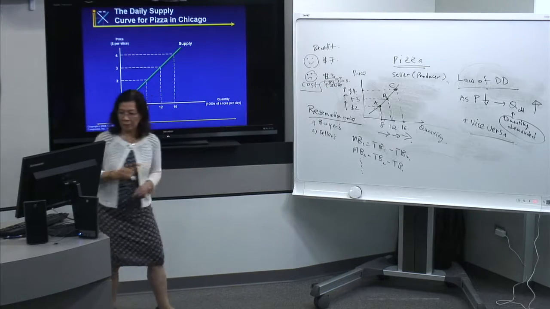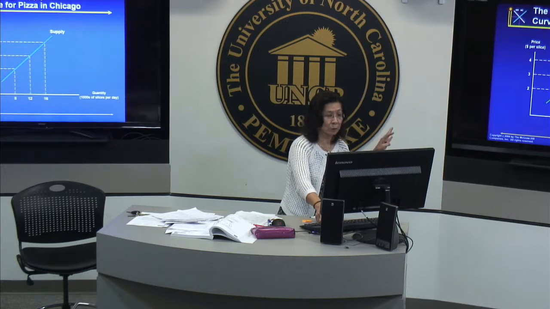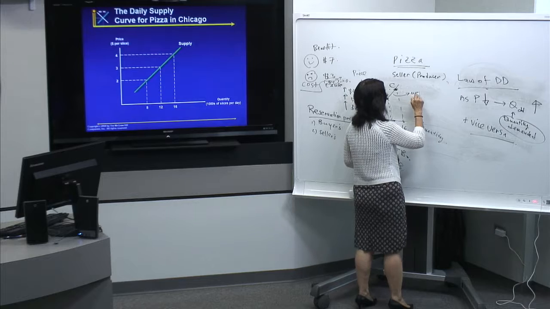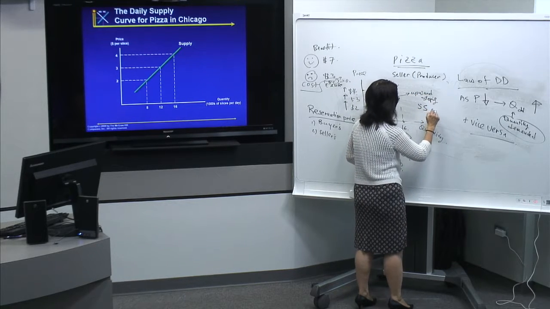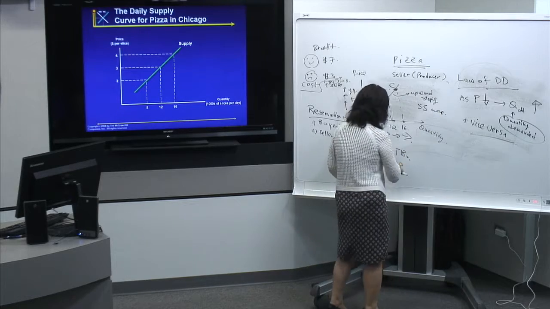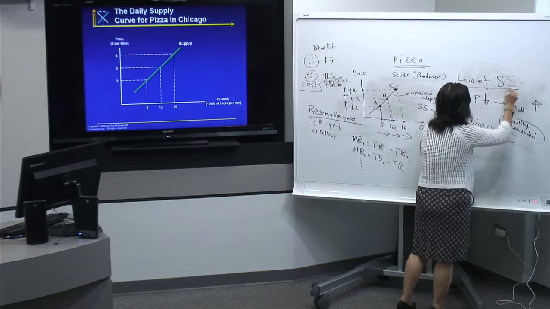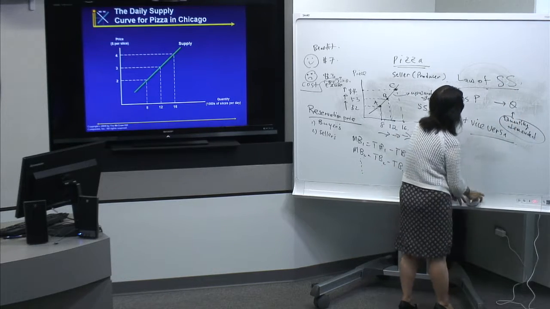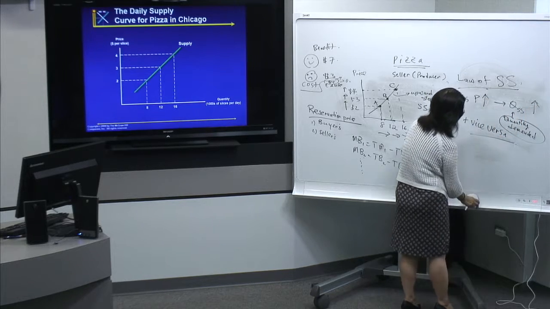Okay, so let's go back to this so-called supply curve, which is upward sloping. SS stands for supply. So the law of supply would say, as the price goes up, quantity supplied goes up as well.